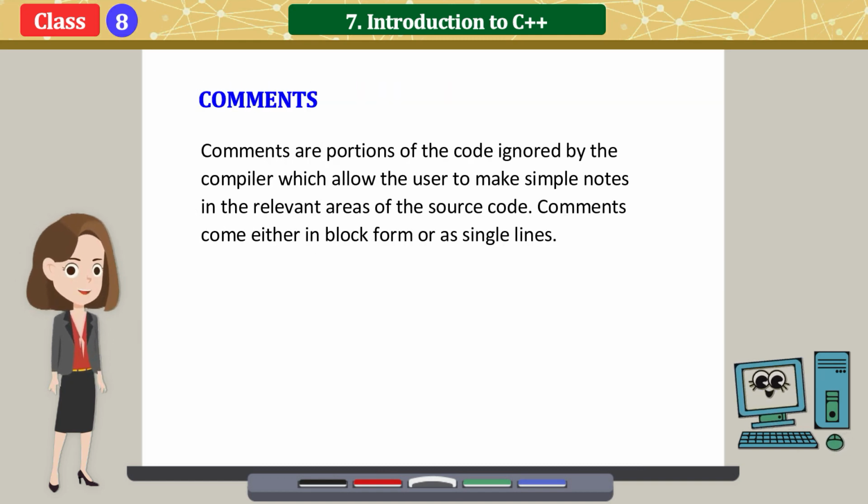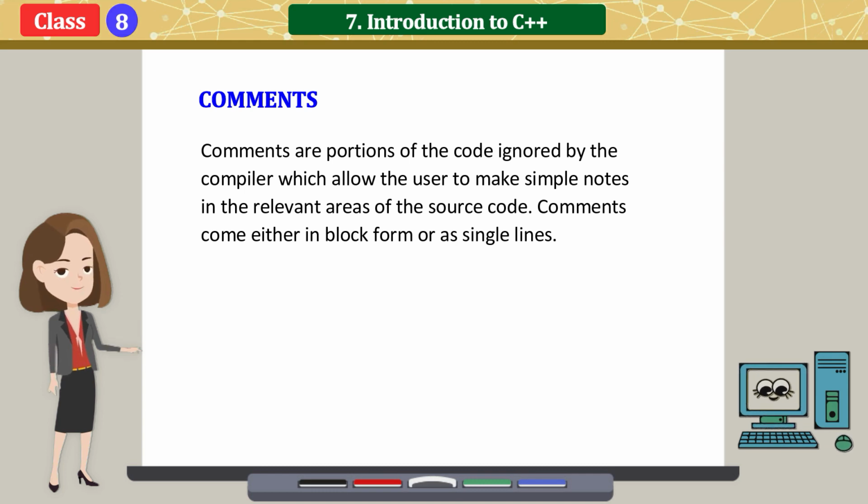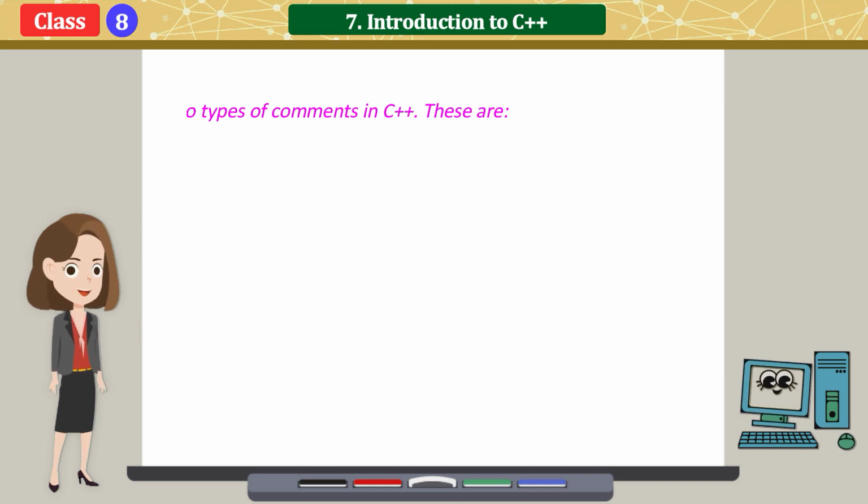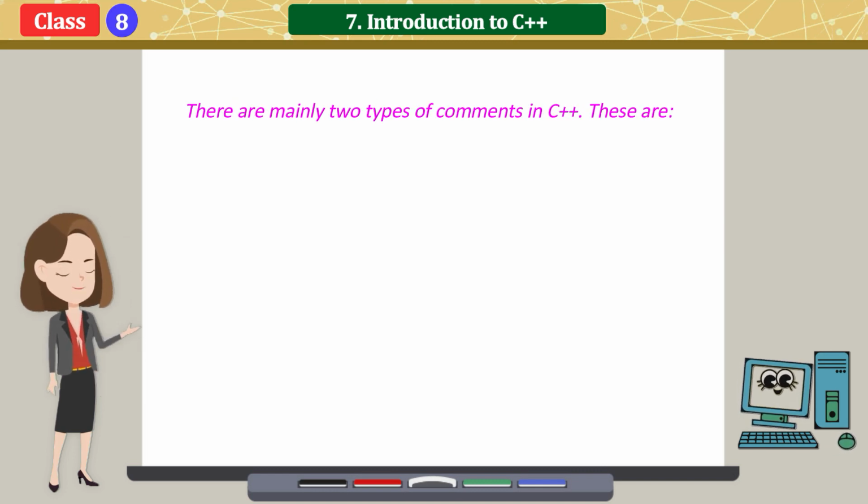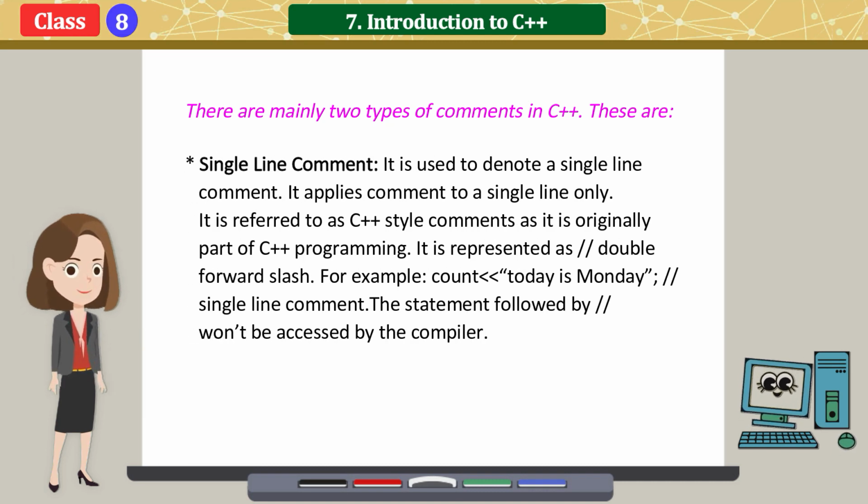Comments. Comments are portions of the code ignored by the compiler which allow the user to make simple notes in the relevant areas of the source code. Comments come either in block form or as single lines. There are mainly two types of comments in C++. Single line comment. It is used to denote a single line comment.